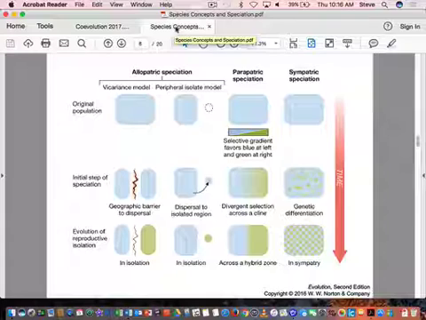So let's say the blue phenotype has really high fitness in the blue parts, right? And the green has higher fitness than blues in the green parts. So let's just make that assumption. The problem is that there always is a great potential for a lot of blue individuals to go in and mate, and there's a lot of gene flow between those blue populations and that new green population.